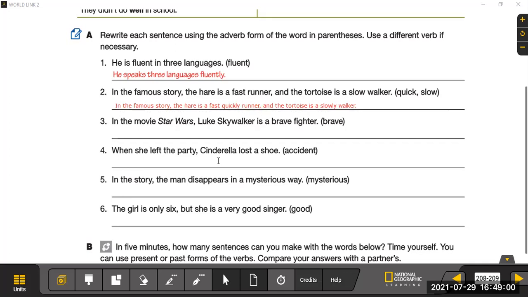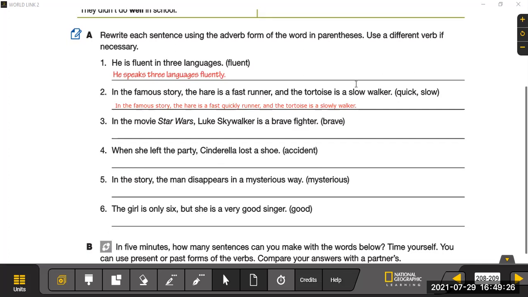Who can tell me the number two, please? Nobody? Ay, conche, mami. Maciel, number three, please.